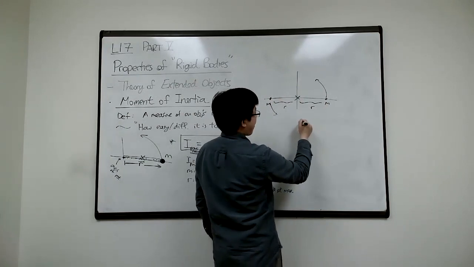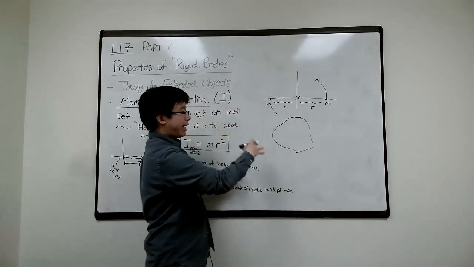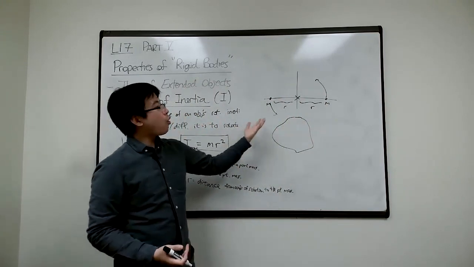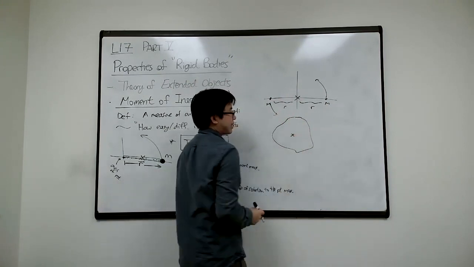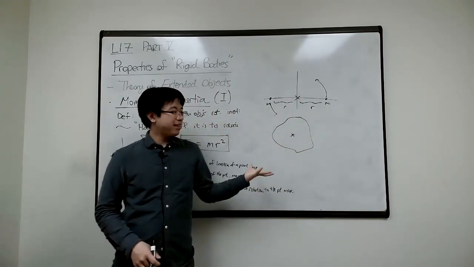So let's say I have an irregular object. It's very complicated, because it's made out of many point masses. If I want to rotate around this axis, I need to add up all the point masses that make up this object.